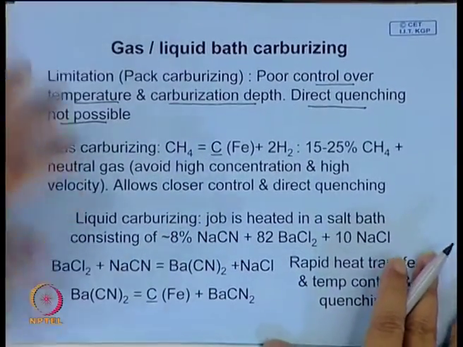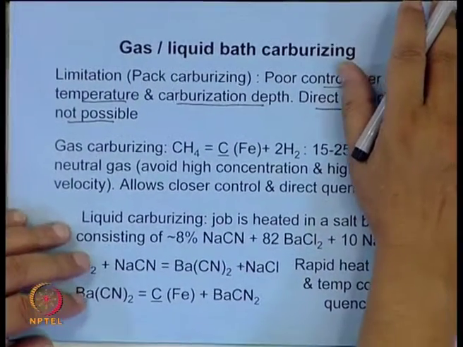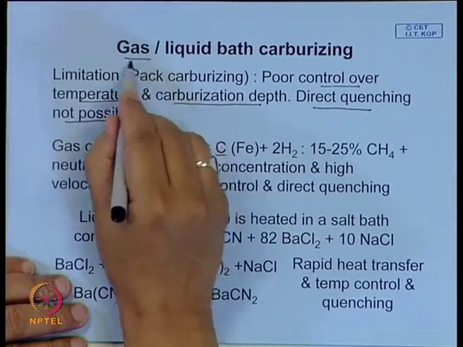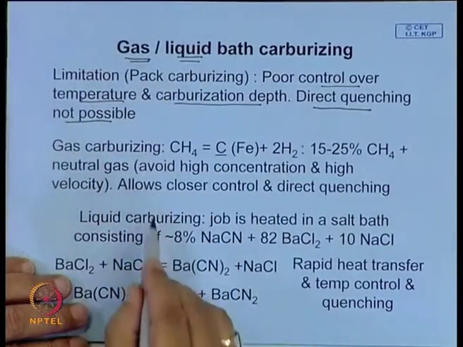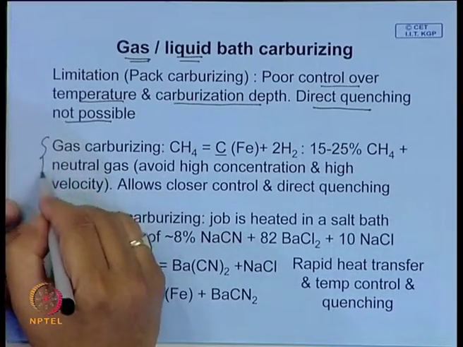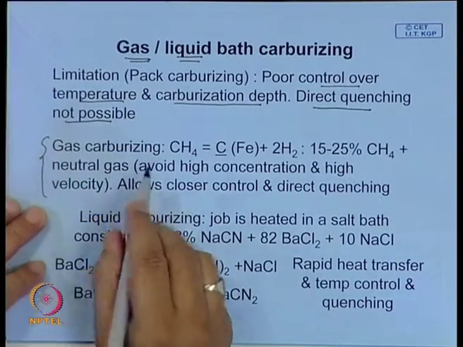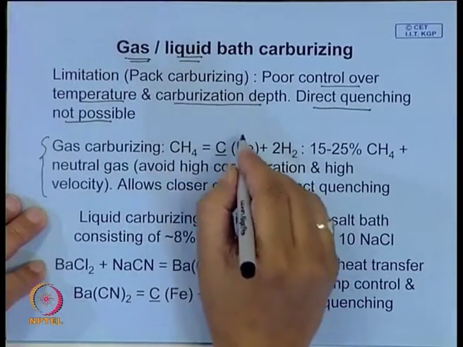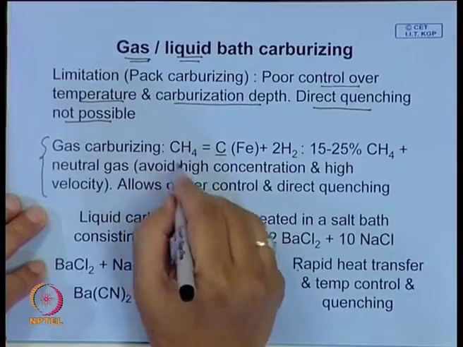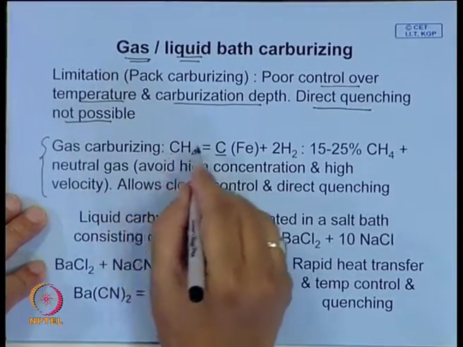So, to improve productivity, depending on whether job sizes are small, in many cases people prefer gas and liquid bath carburizing. What are these? The essence is you have to heat the job in an environment with a high carbon potential. One way of doing it is to heat it in a carburizing atmosphere.